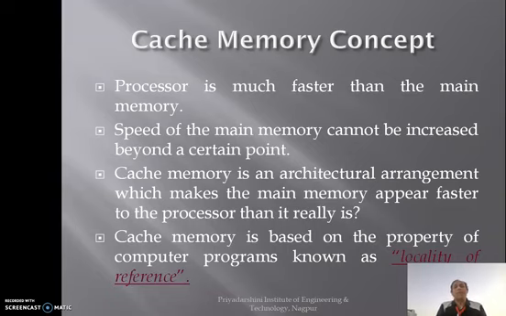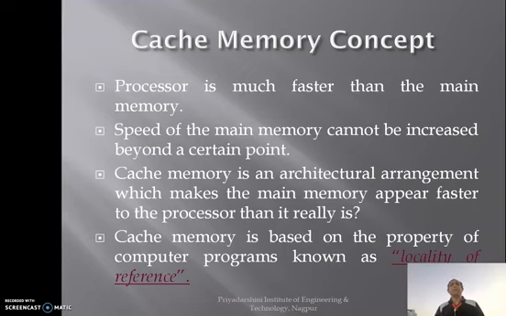To overcome this obstacle, there is the concept of the cache memory, because the speed of the main memory cannot be increased beyond a certain point. So there is a cache memory in between the main memory and the processor.